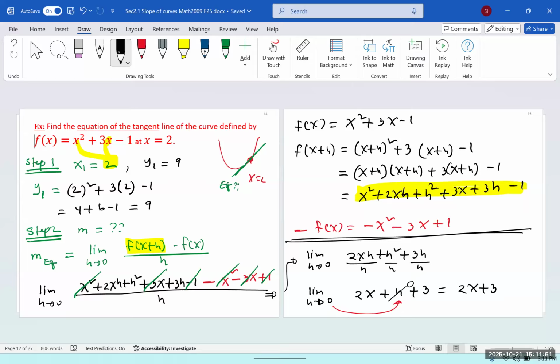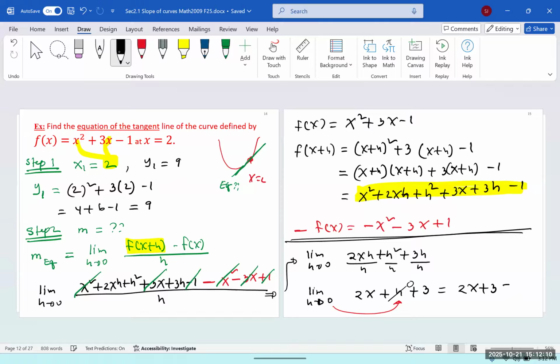Once you do all the cancellation, then you do the division by h. So there are 1h, 2h cancel out. You have only 1h in the middle. So this time you apply your limit. If you substitute h with 0, then you get 2x plus 3.